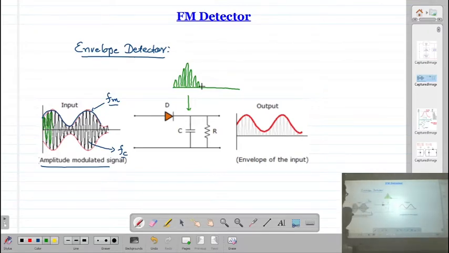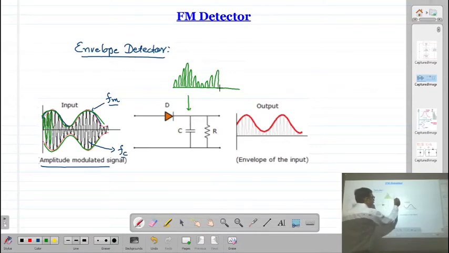Because the information is with the positive cycle, and the same information is with the negative cycle. So we have to extract the information from either the positive or the negative cycle. First of all, we rectify the negative cycle, and only the positive cycle will be present here.